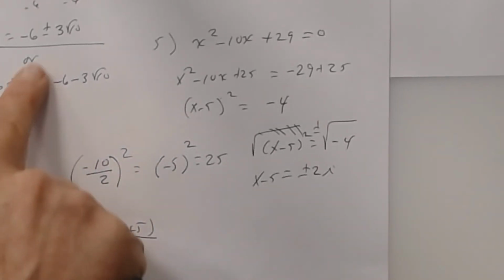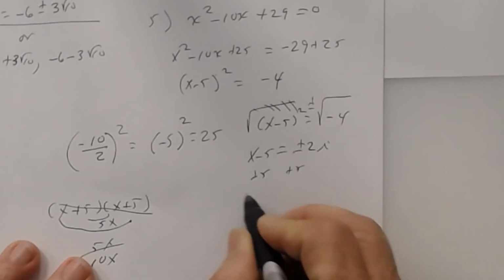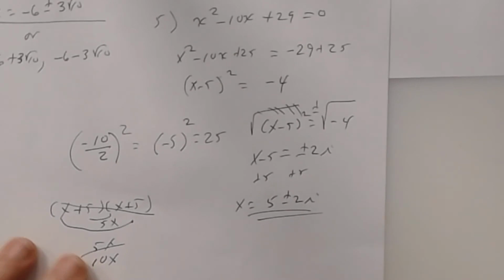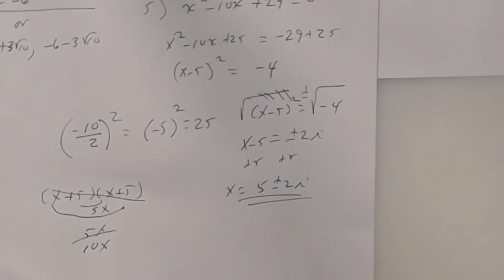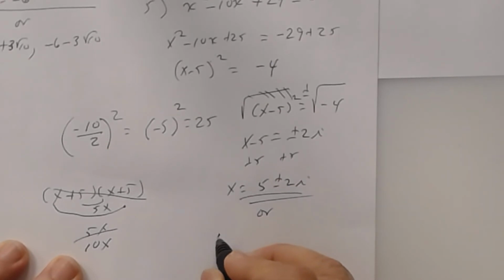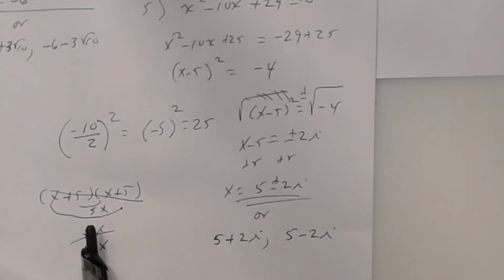It's just like you did with this. So x equals 5 plus or minus 2i. There's your answer. Now, if you want, you can write it as two separate solutions. What are they? 5 plus 2i, and the other one is 5 minus 2i. Okay?